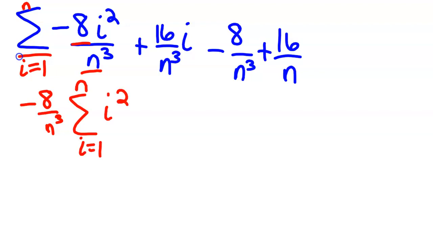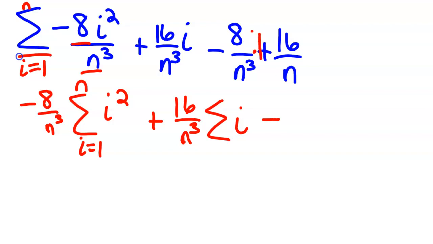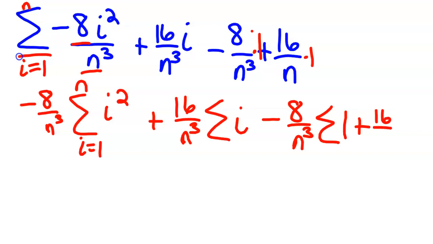So this summation notation can be rewritten as negative 8 over n cubed, i equals 1 to n of i squared, plus, and you pull the 16 out, that's 16 over n cubed, the summation of i, minus, notice 8 over n cubed here, this is all times 1, so you could pull that out and you'd get 8 over n cubed summation of 1, and then plus the same with the 16 over n, that's also times 1, so you'd have plus 16 over n times the summation of 1.